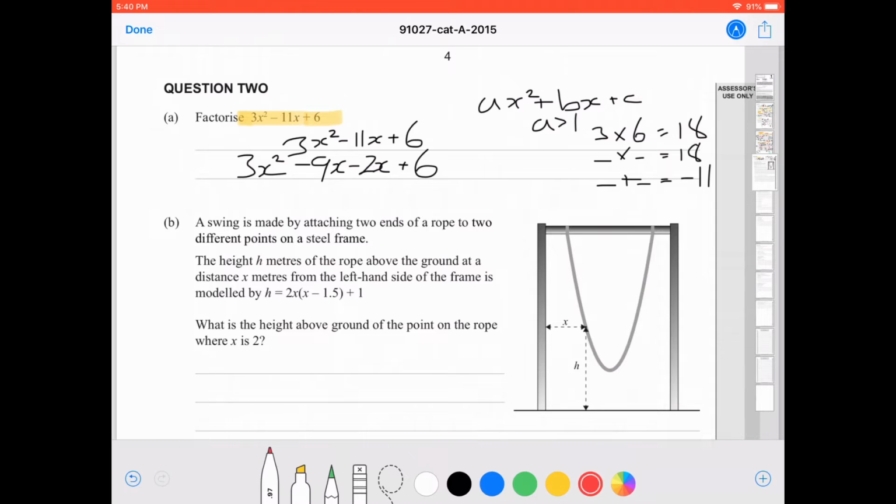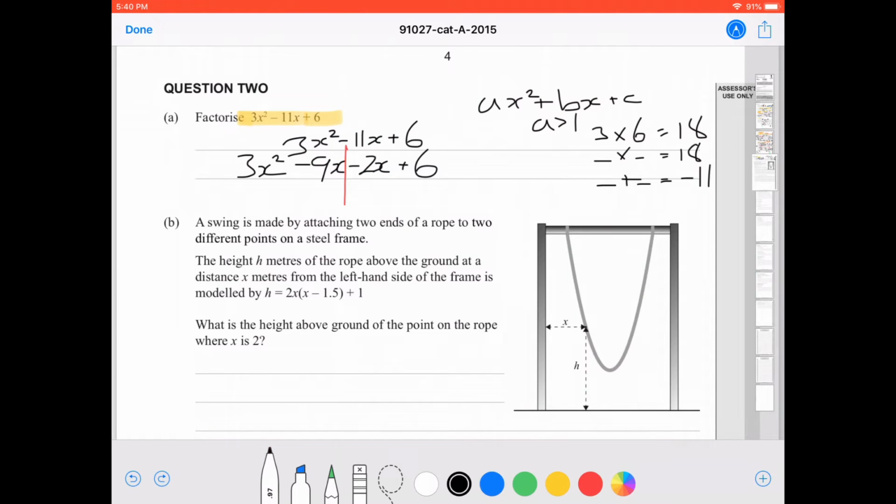Okay, we split the whole expression into two parts here. Minus 11x, we haven't actually changed anything. We've just turned it into minus 9x minus 2x. Okay.